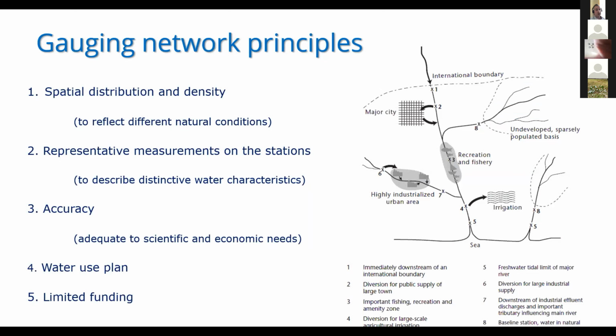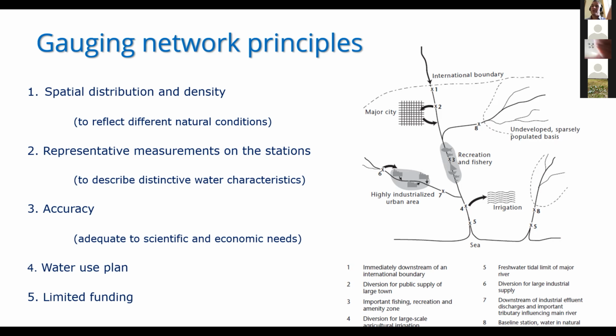And the network for hydrological measurements should be projected based on several principles. The main principles are divided into spatial distribution and density. This is made for a reflection of different natural conditions and human-made conditions.